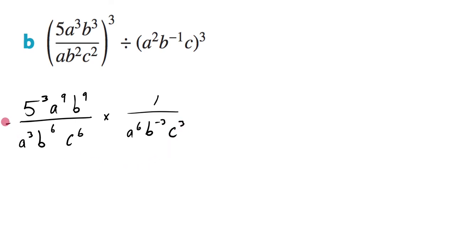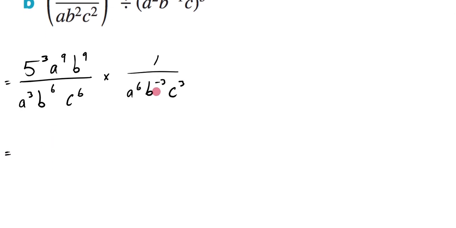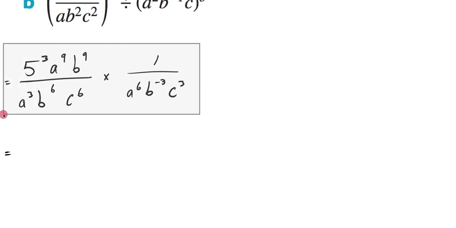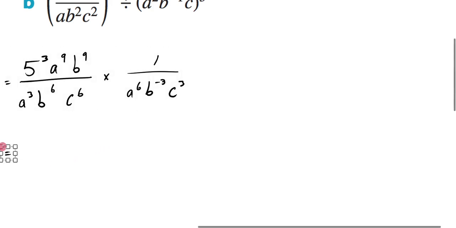All right, let's keep on going. So that was a big step we just did. What I'm now going to do is bring this negative index up to the top, so it will no longer be negative. This is an ugly 3 as well. That's even uglier now. All right, so actually, I'm going to do a bit of a cheat step. I'm just going to copy this, paste that down there.